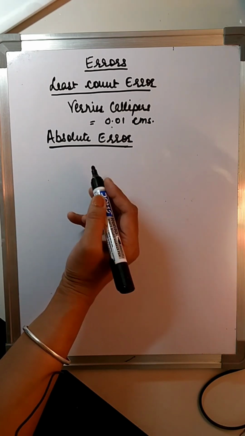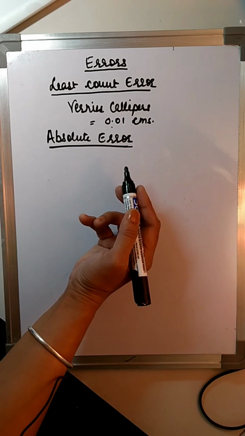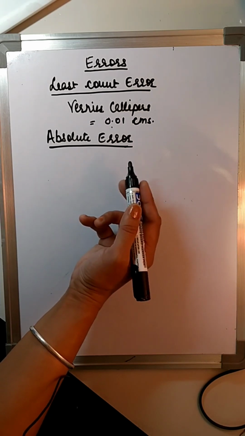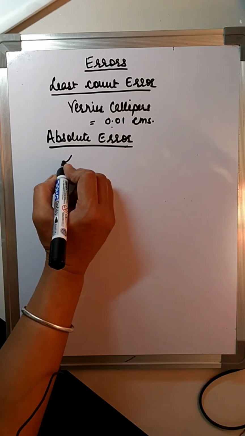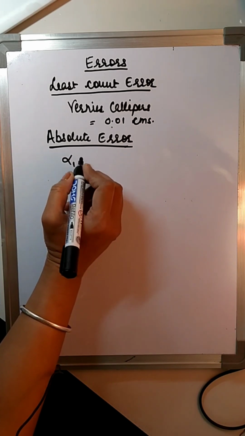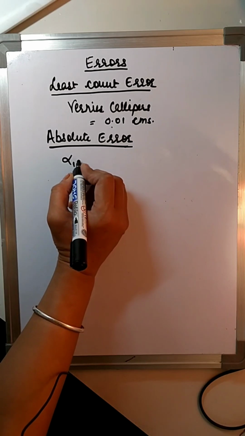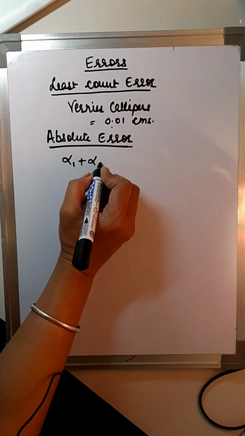It can be a measuring rod also, or it can be a weighing machine also. Let us say that the first reading we call alpha 1, and the second reading we took, let us call that alpha 2.